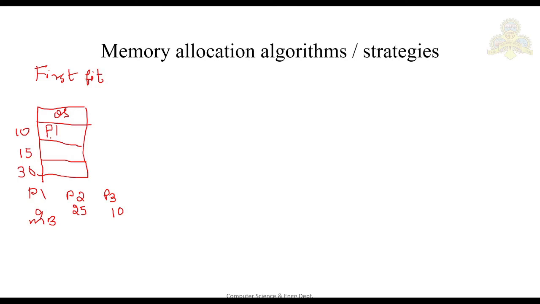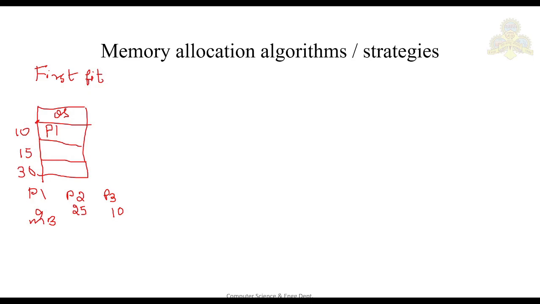Next, you have process P2 which is 25 MB. Again, you have to search for free space in the user space. The search can either begin from the start of your memory, or from where you last stopped your first fit search.